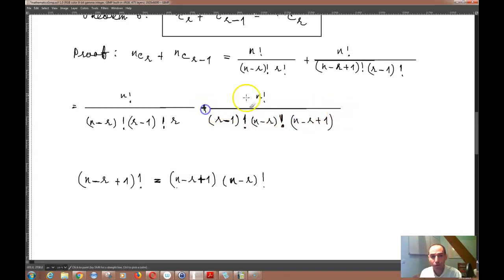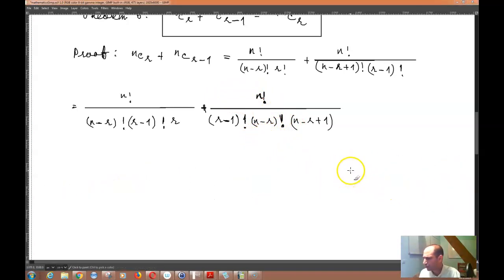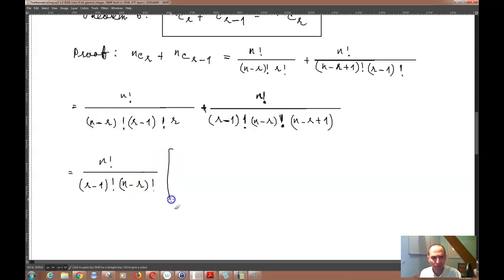Which means that you can take the n factorial out, and r minus 1 factorial out, and n minus r factorial out, and multiply it by n minus r factorial, r minus 1 factorial.